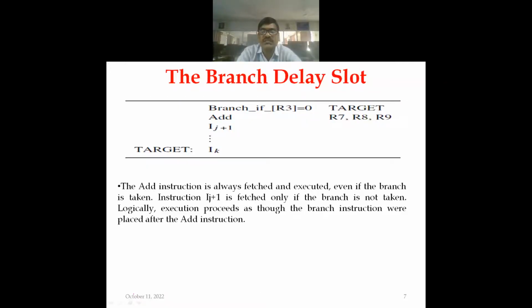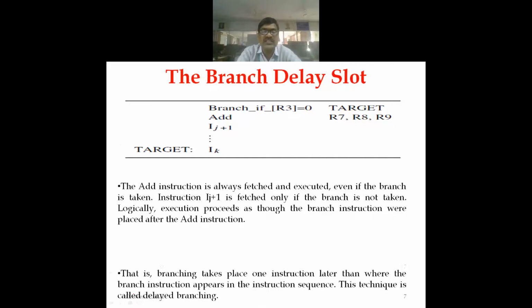So the add instruction is always fetched and executed even if the branch is taken in this particular example. The instruction Ij plus 1 is fetched only if the branch is not taken. Logically, execution proceeds as though the branch instruction were placed after the add instruction.